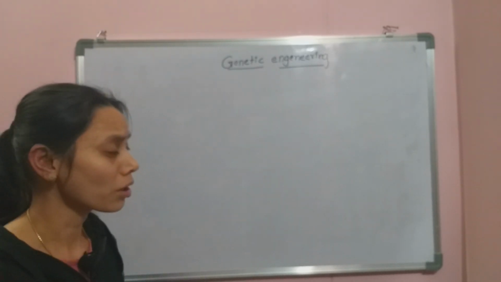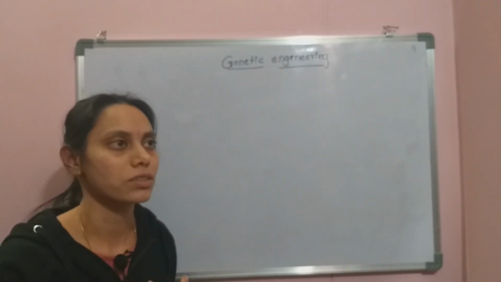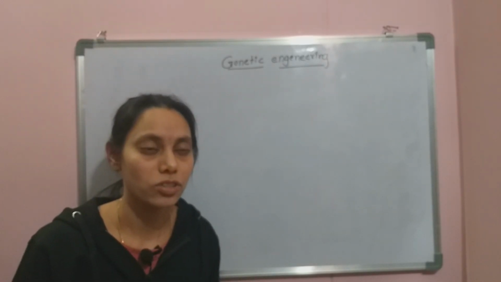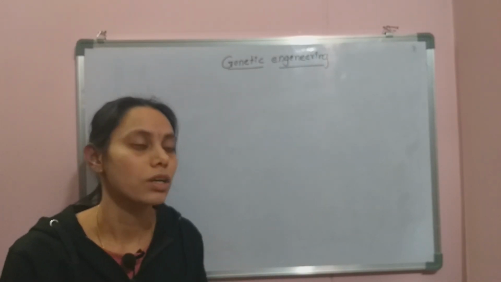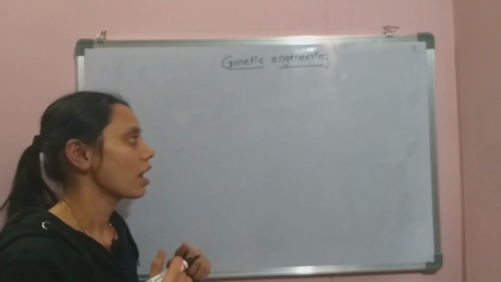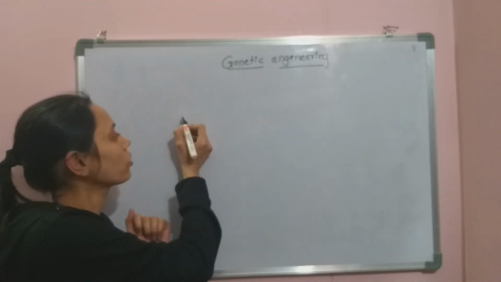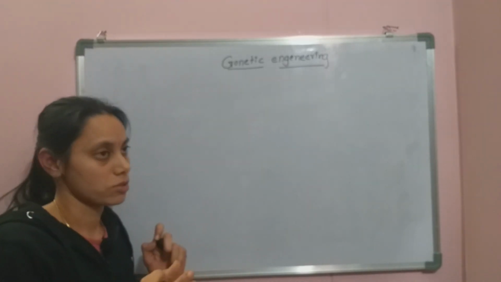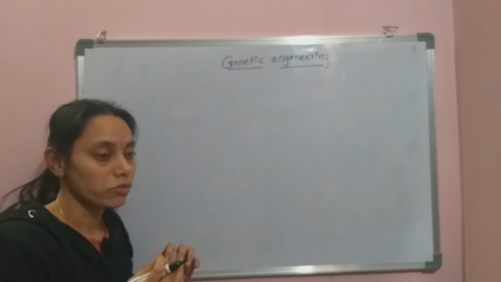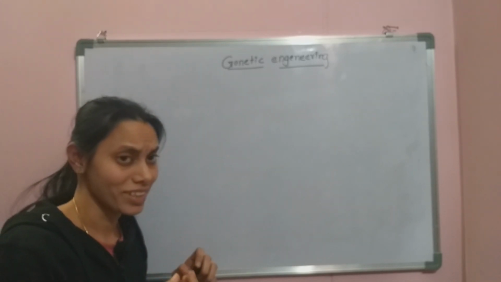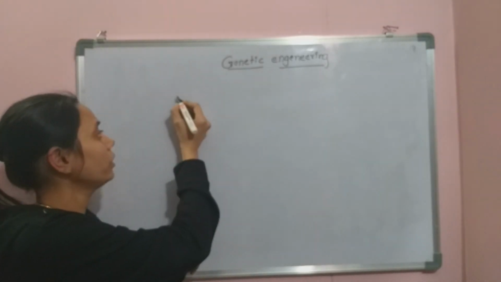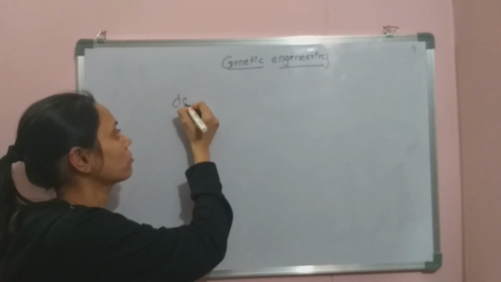Now coming to the process, how genetic engineering and rDNA technology go. As we already discussed, we are going to select a gene first. So first what we need to have is a desired gene.